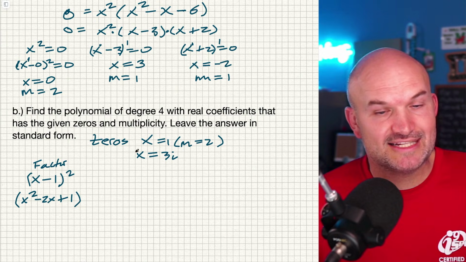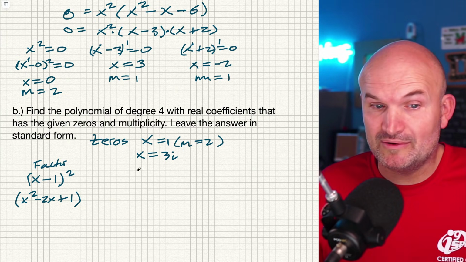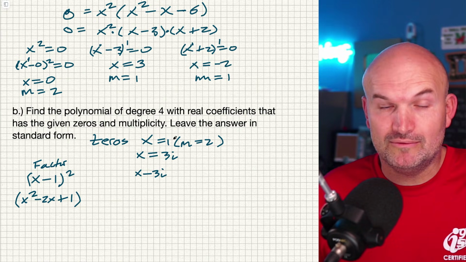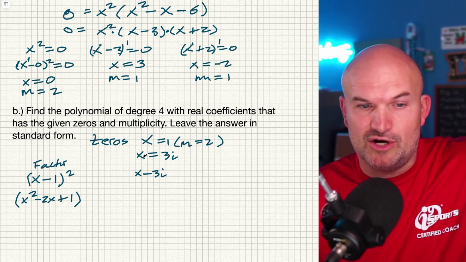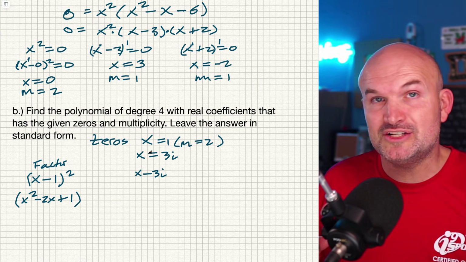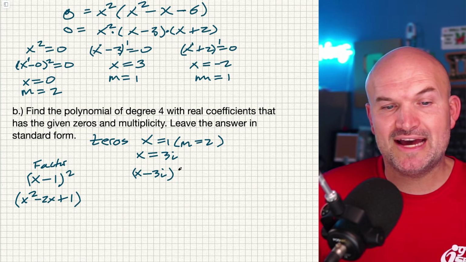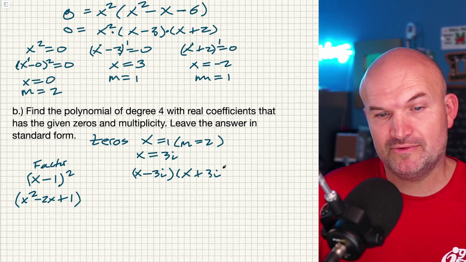The next one is x equals 3i. As a factor, that's going to give me x minus 3i. But remember, the complex conjugate always has to exist. So if you have x minus 3i, you have to have x plus 3i.